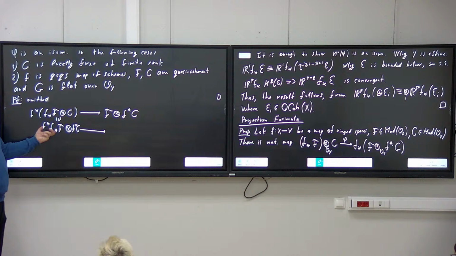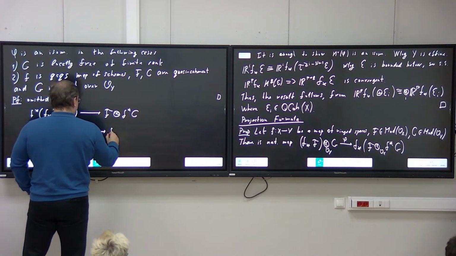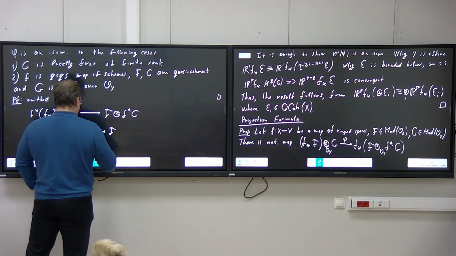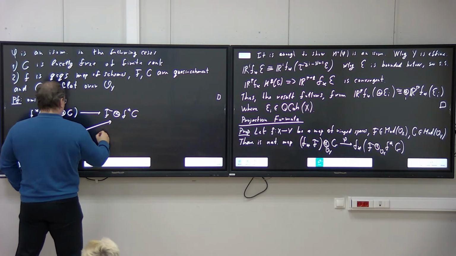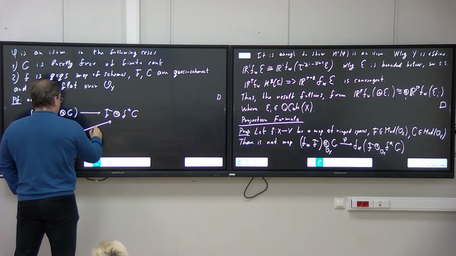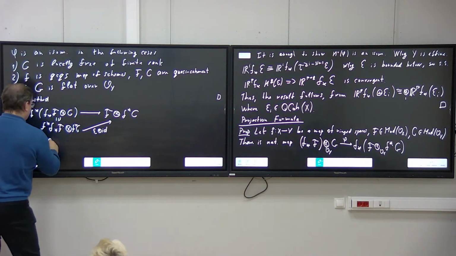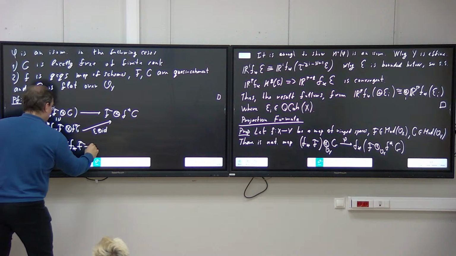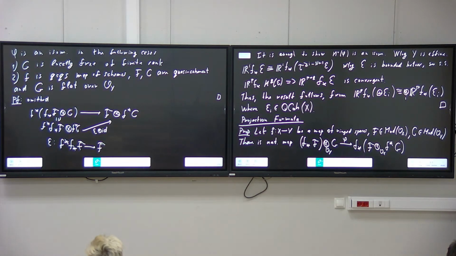For this map there is the counit of the adjunction, so there's a map to F. Instead of writing one more formula, I write this as epsilon tensor identity, where epsilon is just the counit of the adjunction for these two functors.